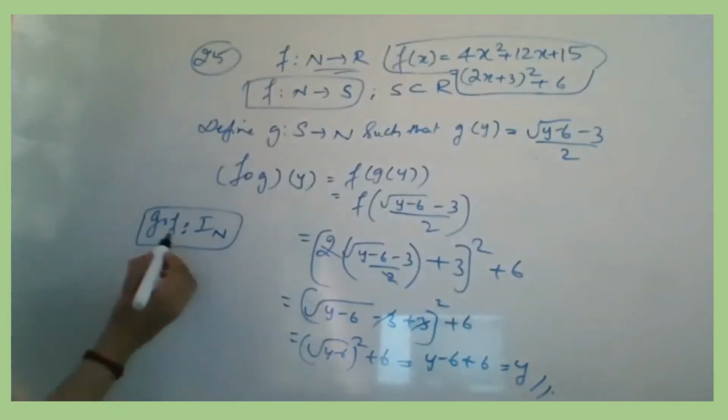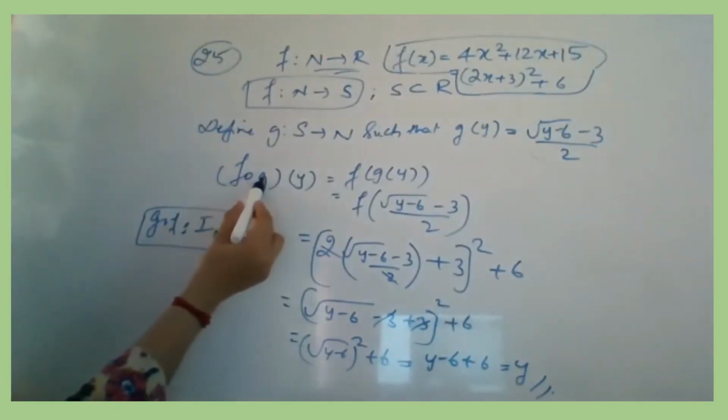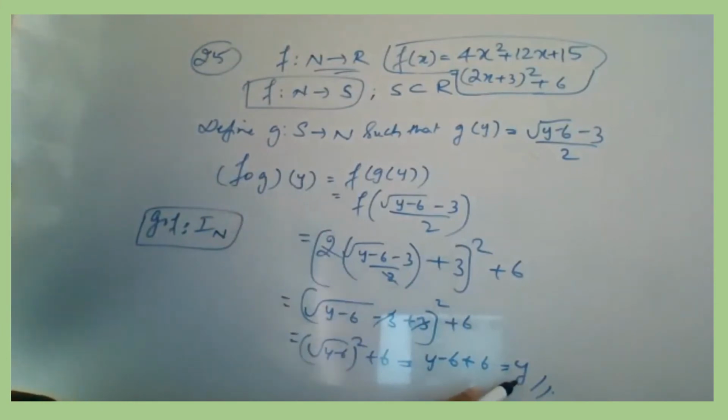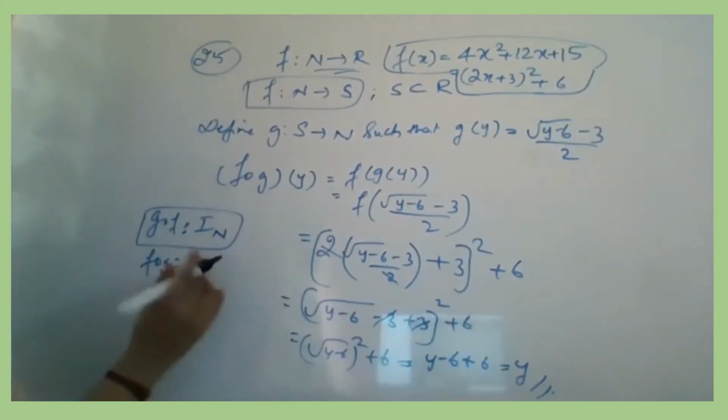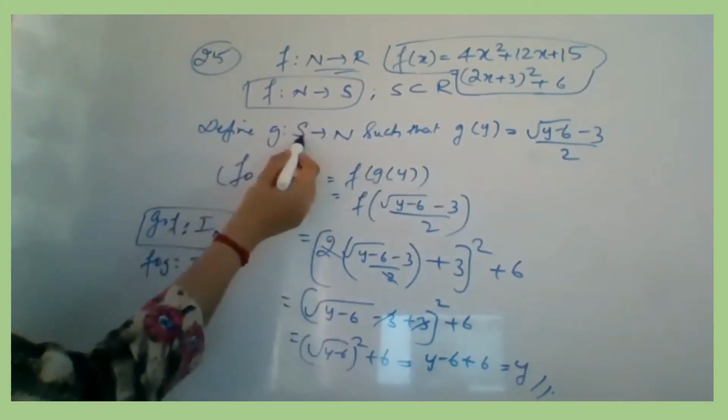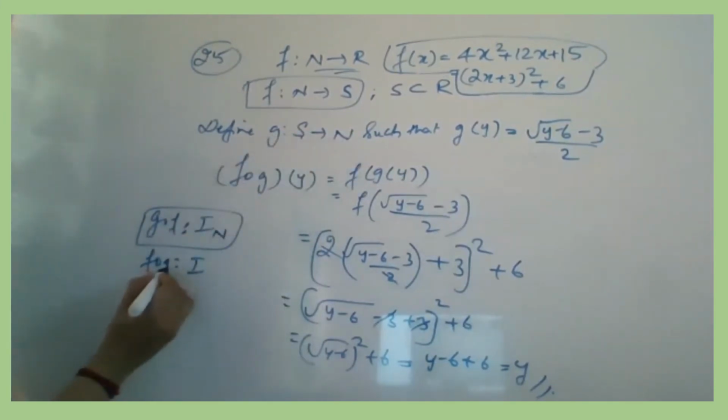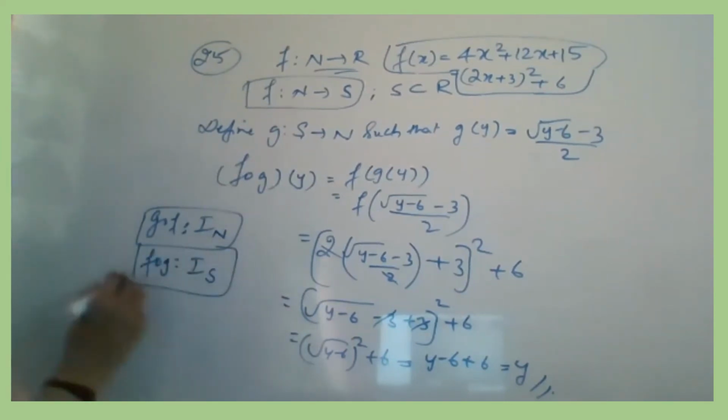You understood? Again, you have reached from where you started: f composition g of y, and you reached y. That means f composition g is also acting as the identity I_S, and it is defined from S to S. Where it starts, it has to end in the same set.